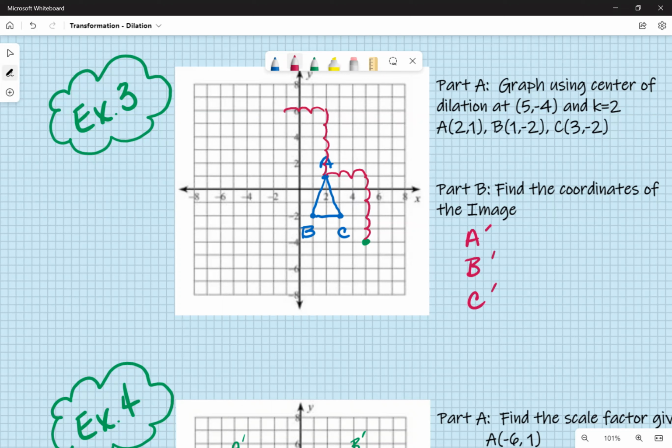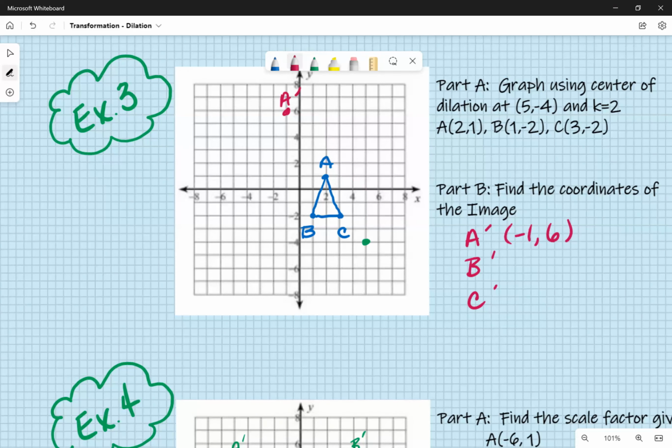So therefore, my new point is going to be at -1, 6. Let me get rid of everything before I write that out, otherwise I'll have all those squiggly lines everywhere. I said -1 and 6. That's going to be my A prime.